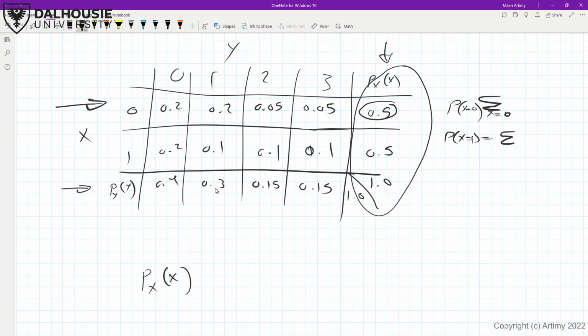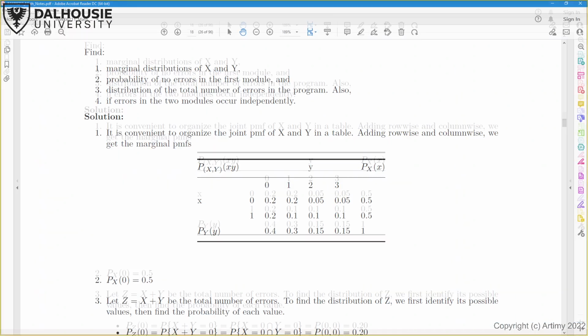Same thing when we do it column by column. We fix y and we add all the values. So for y equals 0, we add up p0,0 and p1,0. We end up with the probability of y equals 0 here, and so on, right? So we get the marginal distribution, and that's the first requirement.